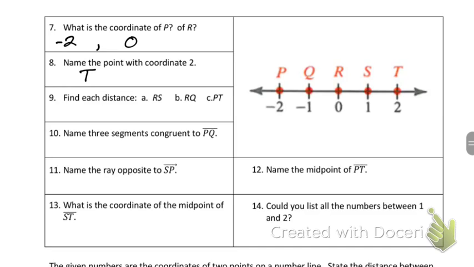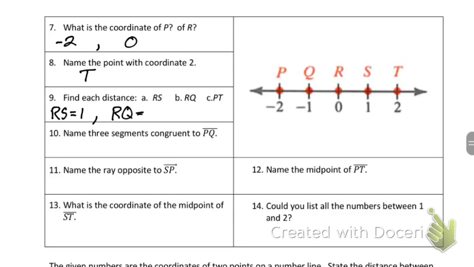Can someone find the distance between R and S? 1. So if I go from R to S, 1. So RS equals 1. What's the distance to RQ? R to Q. 1.